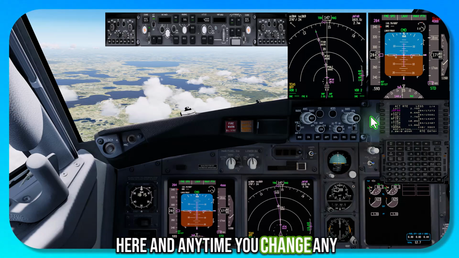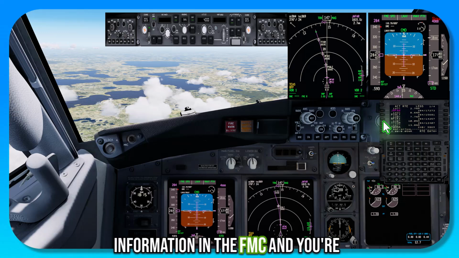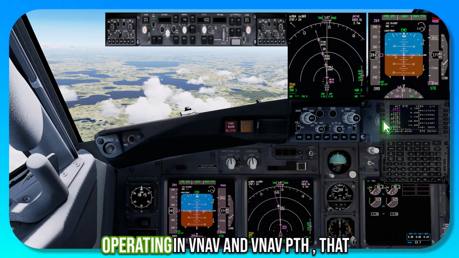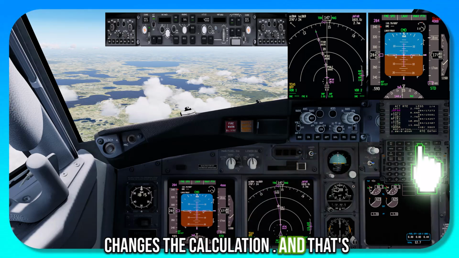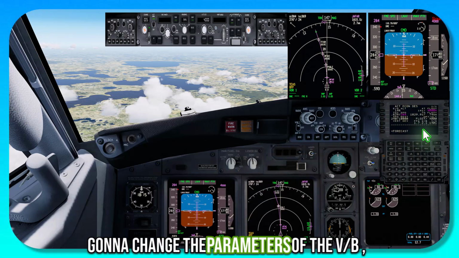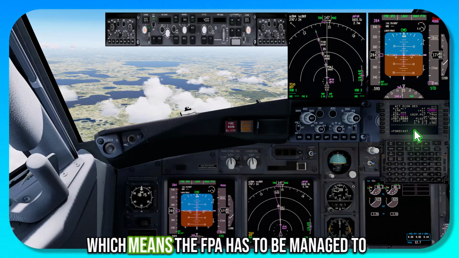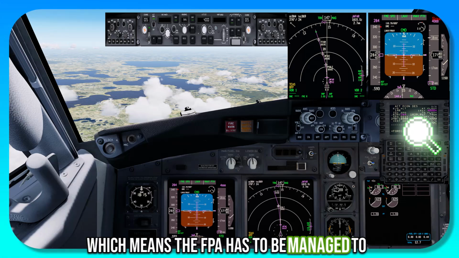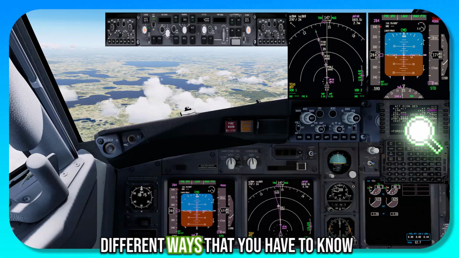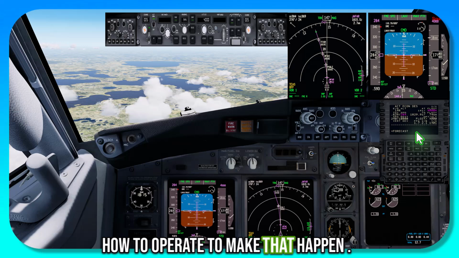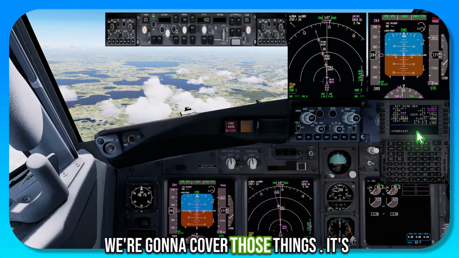And anytime you change any information in the FMC and you're operating in VNAV and VNAV path, that changes the calculation, and that's going to change the parameters of the vertical, which means the flight path angle has to be managed to work back to it. And there's several different ways that you have to know how to operate to make that happen. We're going to cover those things.